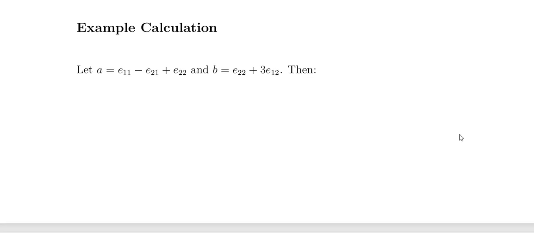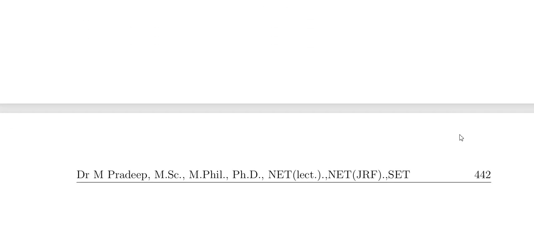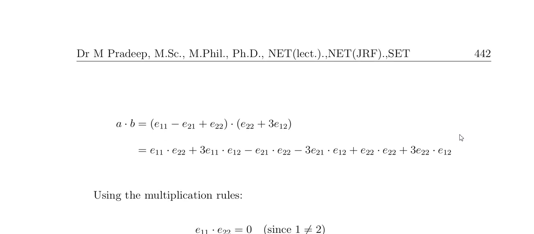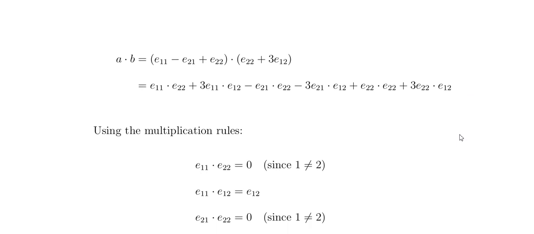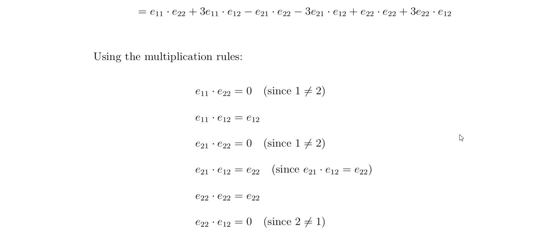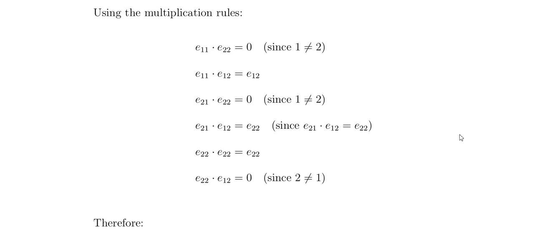Then we can multiply A dot B. Using the multiplication rule, E11 E22 equals 0, since 1 is not equal to 2. Then E12 is defined here. Here 1 is not equal to 2, so 0. Here 1 equals 1, so E22.